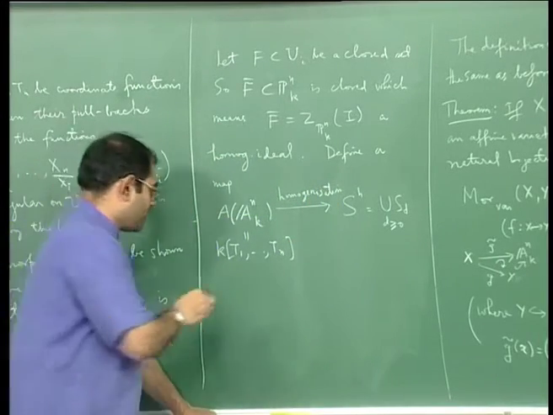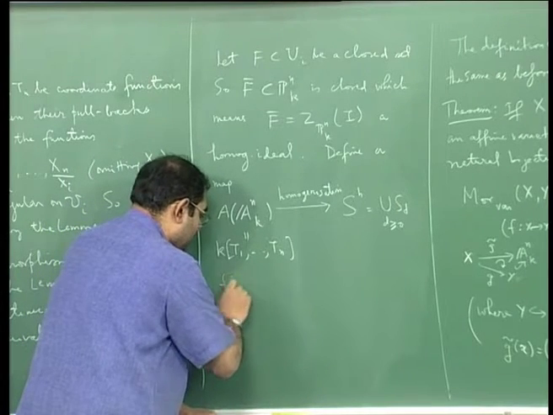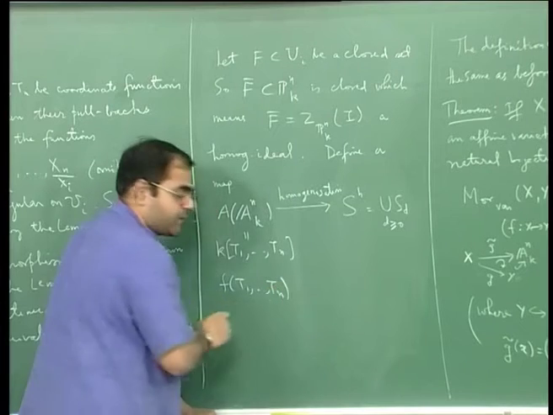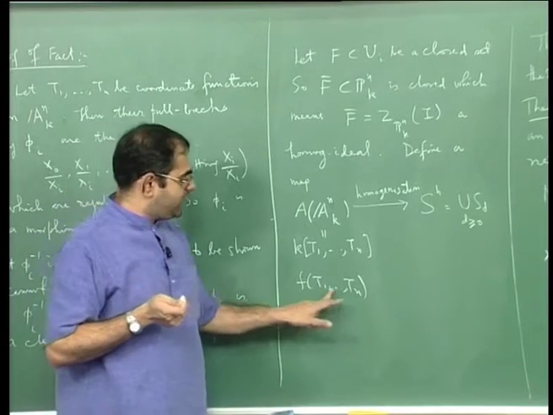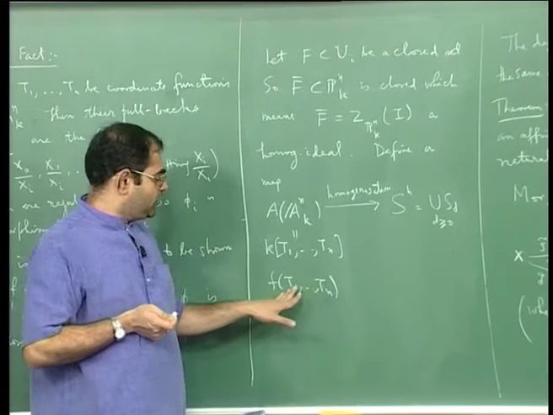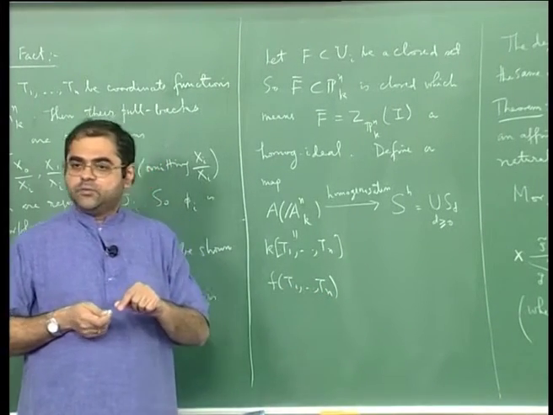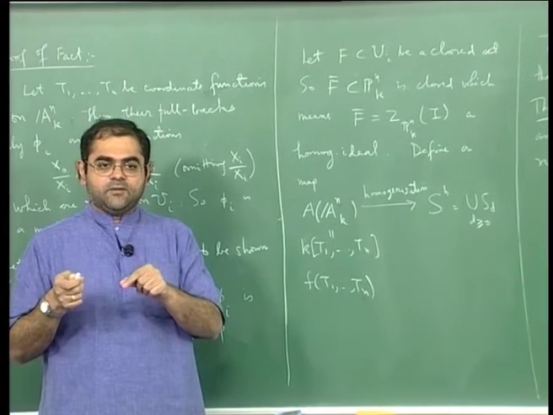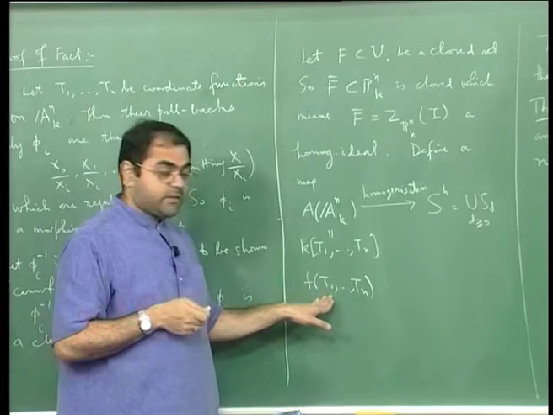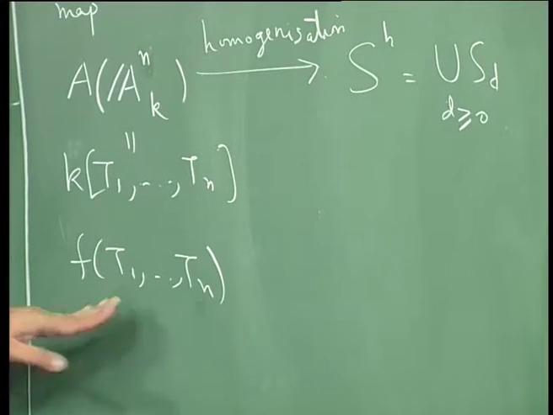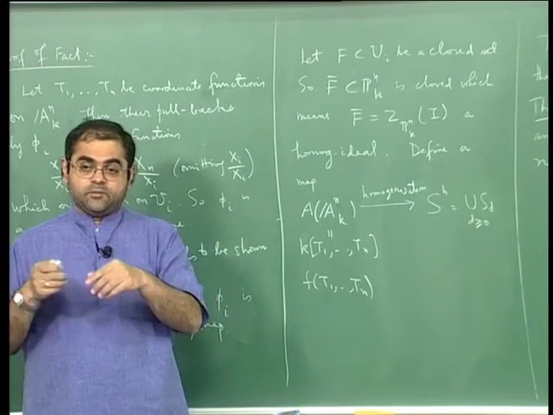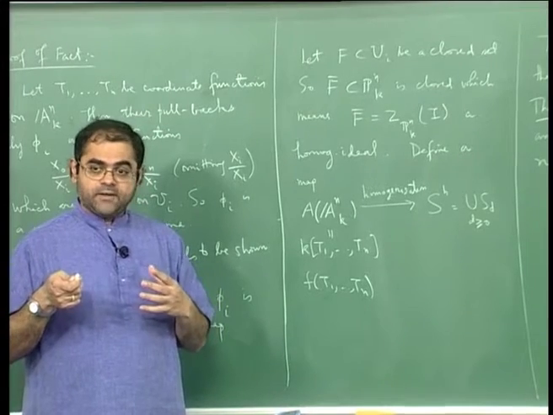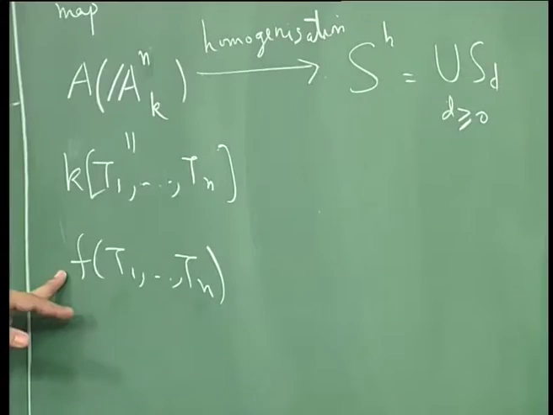So this is the homogenization map, and what is the homogenization map? If you give me a polynomial in T1 etc. Tn, then it certainly has a maximal degree, okay. But this has only n variables, so what you do is you homogenize it, namely you make the degree of every monomial appearing in this polynomial equal to this highest degree by adding the required power of a new variable, a new homogenizing variable that you introduce, okay.